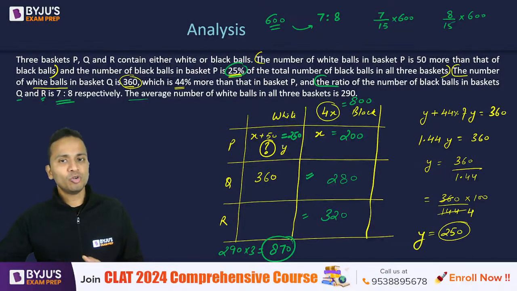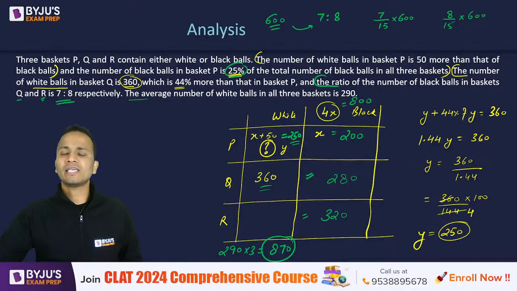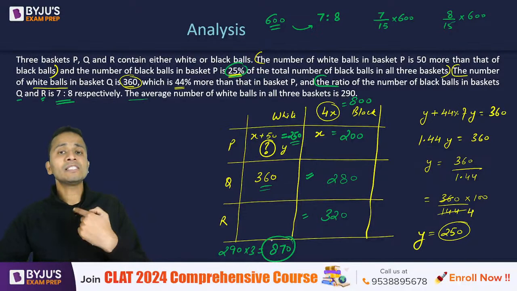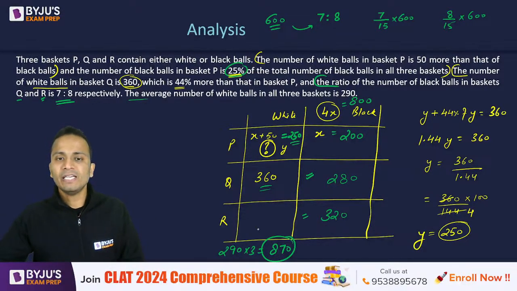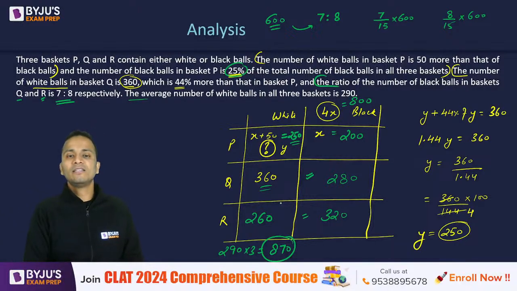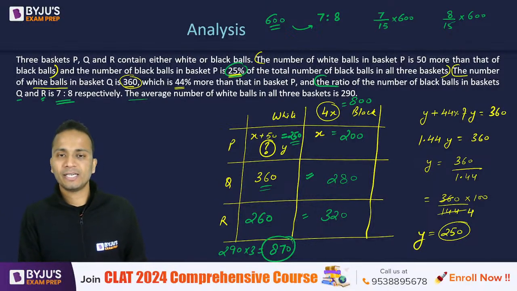P and Q, you already know these number of white balls, 250 and 360. So 250 and 360 इनका sum हो जाएगा 610. Now 610 subtracted from 870 will give you 260 as the number of white balls in basket R.